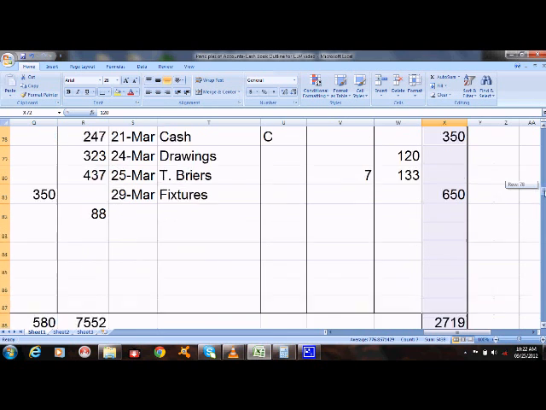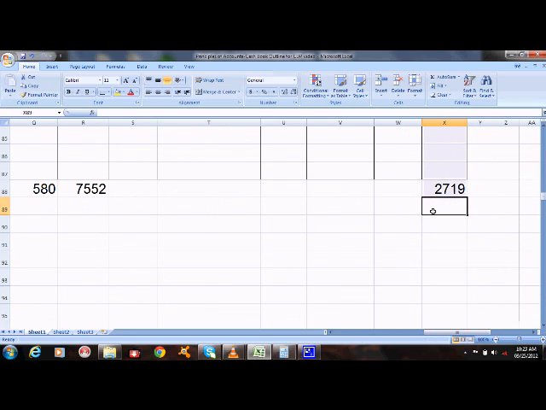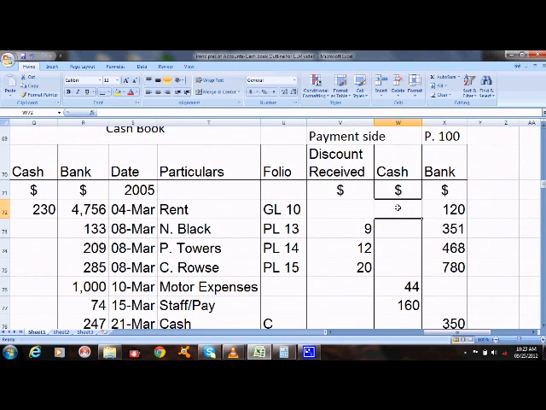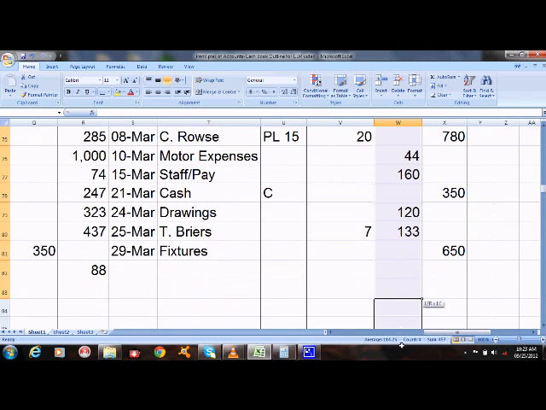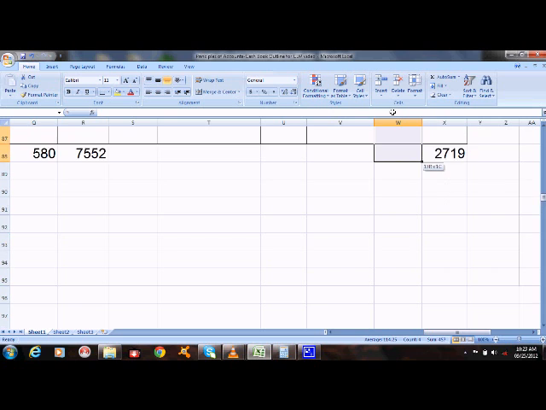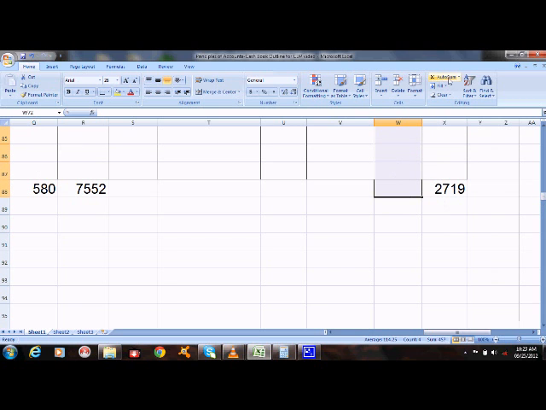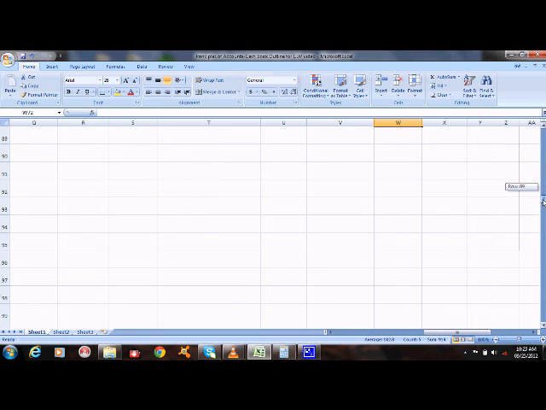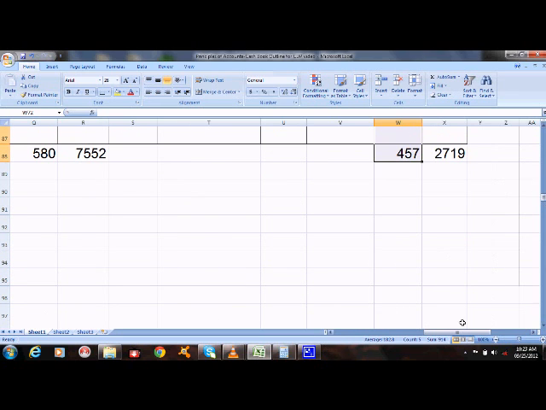Based on auto sum, the figure is 2,719. Alright. Let's look at the bank column as well. Based on this now, the bank column is 457, right?